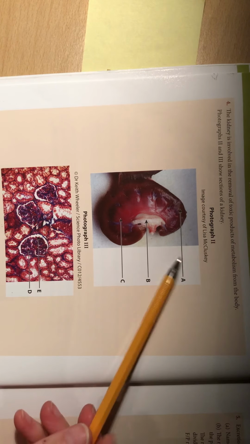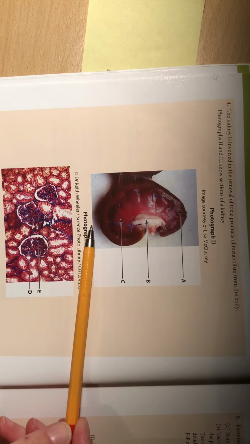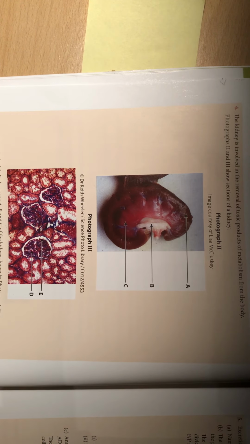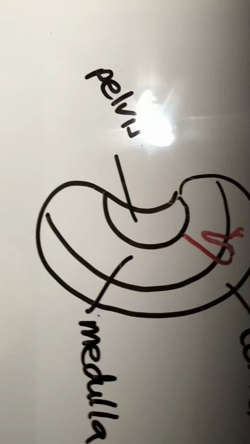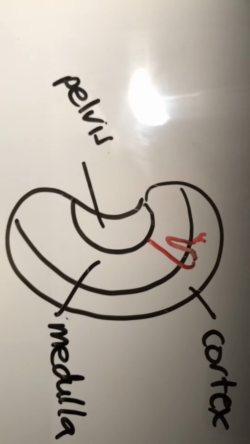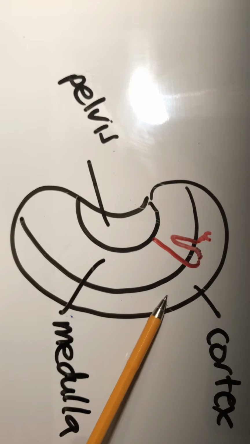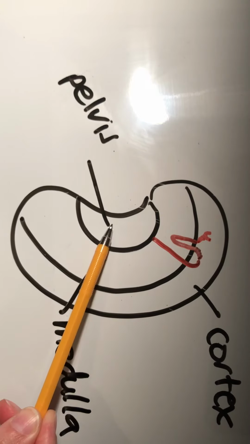Moving on to the last question that you did, we've got a photograph of a cross-section through a kidney, and you're asked to label the regions A, B and C. Now if we go back to something I sketched out earlier for another video, these are the regions, the cortex, the medulla and the pelvis.